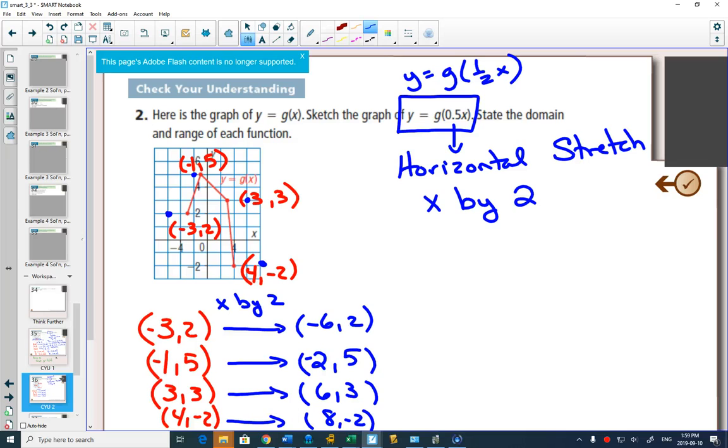So I would have realized, hey, something looks wrong here. Because in the end, when we join the dots to this blue graph, a horizontal stretch means you grabbed hold of it and pulled it away from the y-axis. So you might notice one of your points is off at that time, which would have told you, hey, I missed that negative.